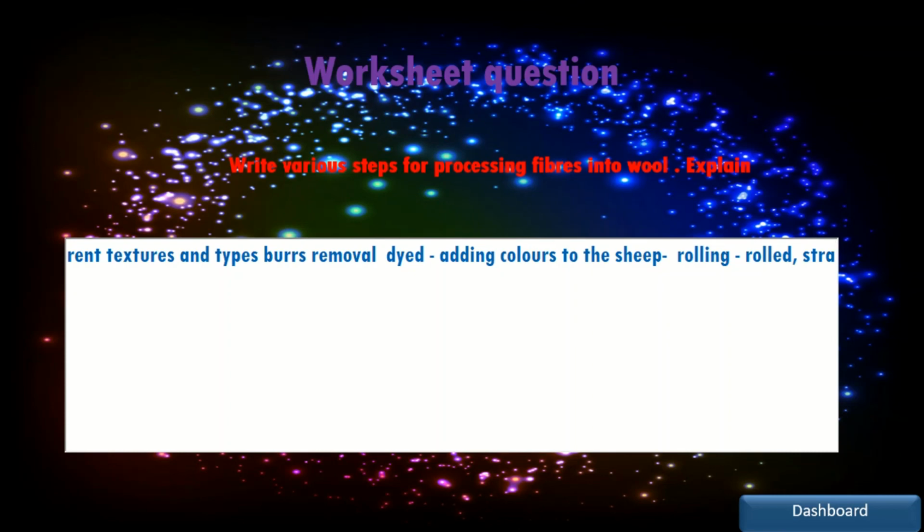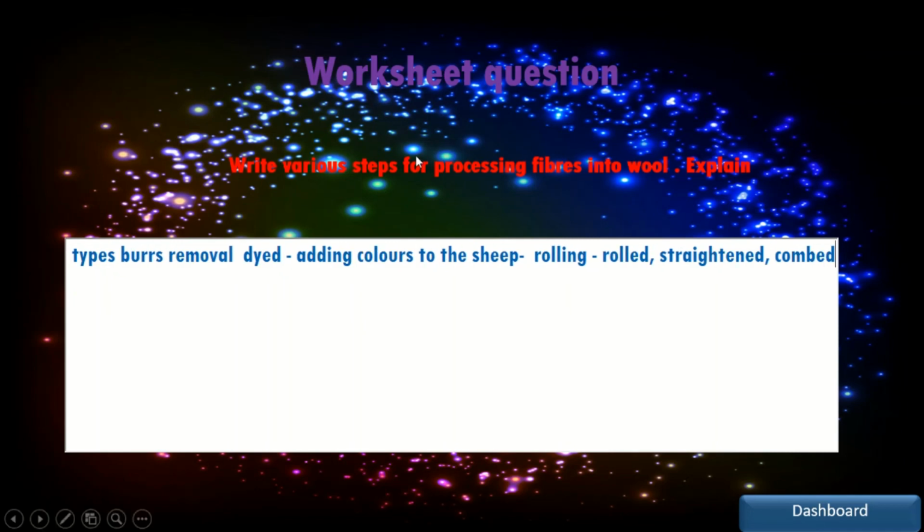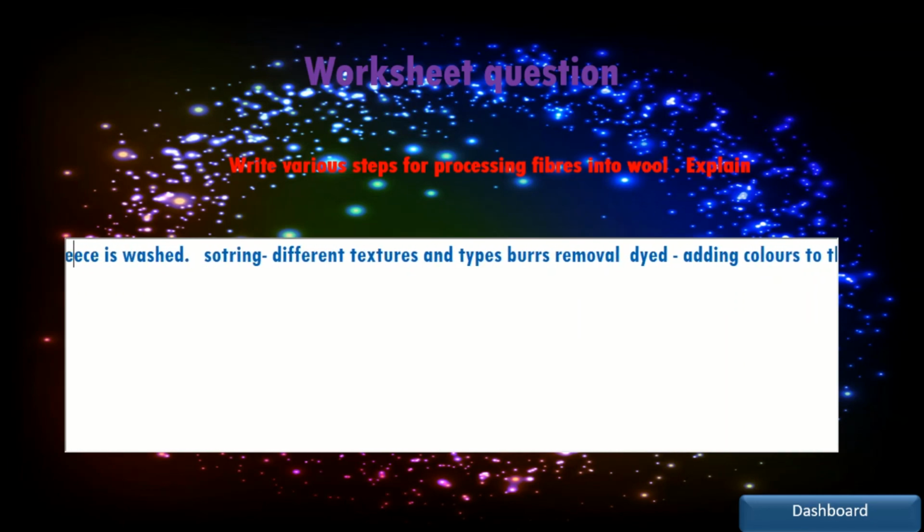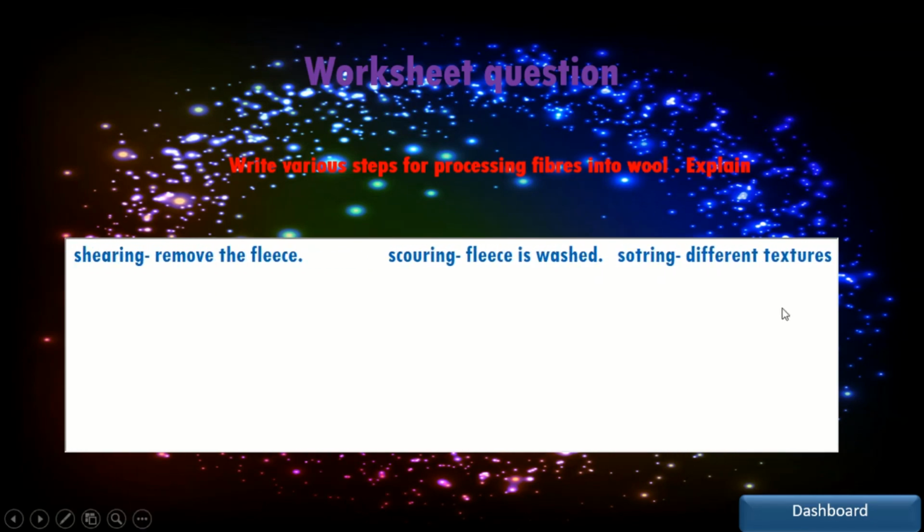So next, after straightening, they are combed, right? So we explained the full process here again. If you do not get it, just rewind and see how this process is done.